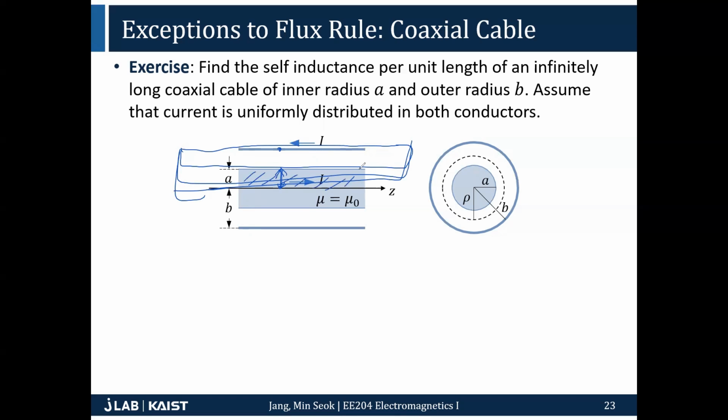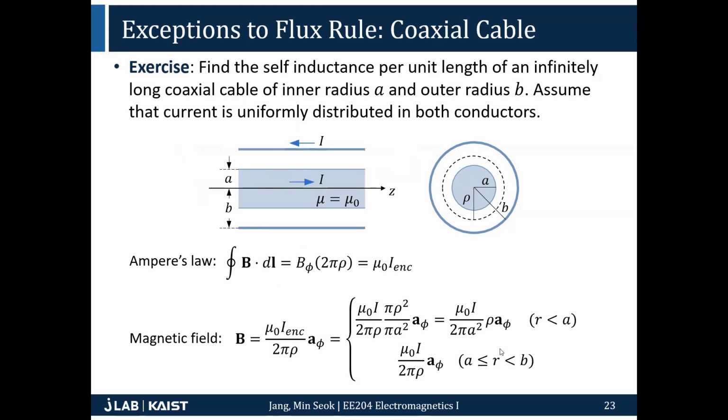How to define your circuit area, so that you have a problem in calculating your flux, magnetic flux, right? So the question is asking you how to evaluate the self-inductance. But in any case, you need to first calculate the B field, right? B field is anyway needed.